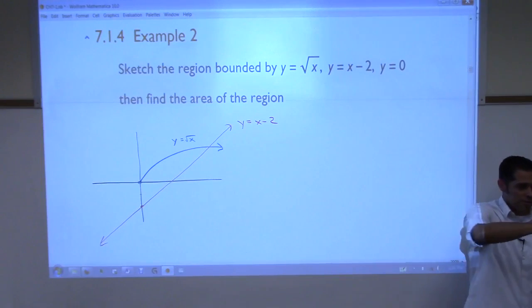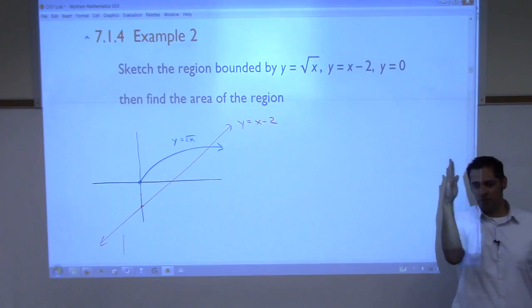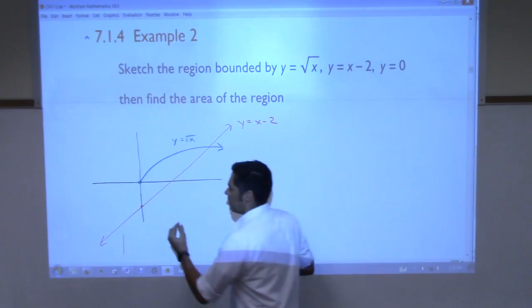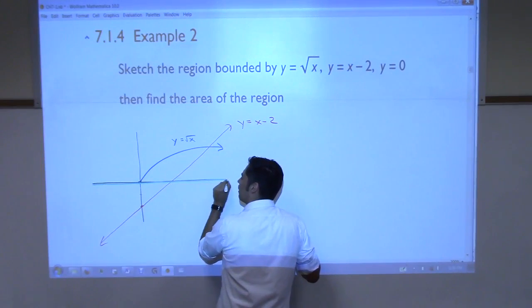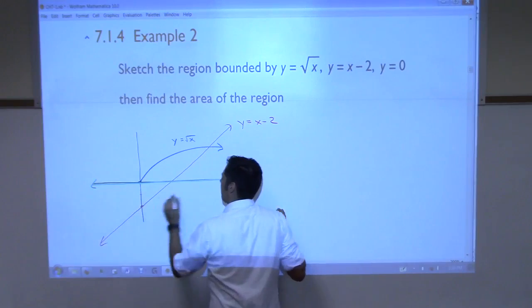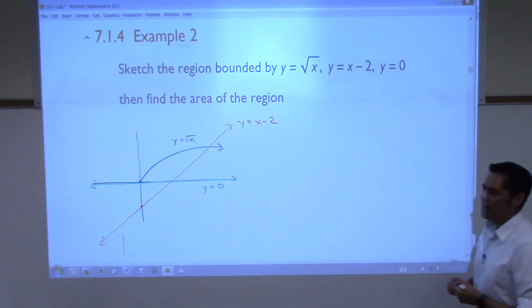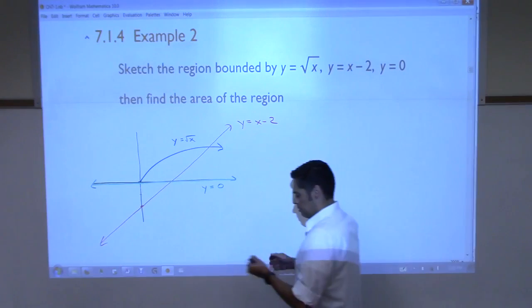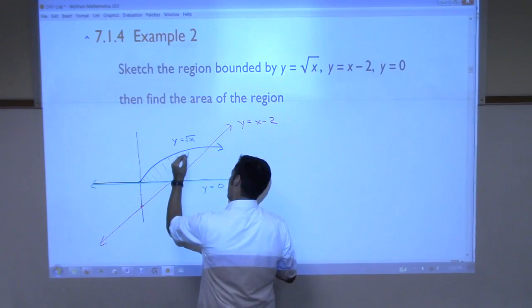If your y coordinate is always 0, that means you're not up or down ever. This is x equals 0. X is 0, y is 0. So we actually have the x-axis right here going this way. This is y equals 0. Now do we have a region that's enclosed? Yes, we do. Our region that's enclosed by all of them is this right here.